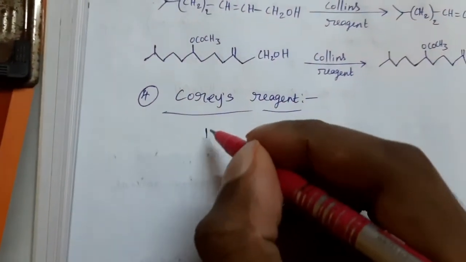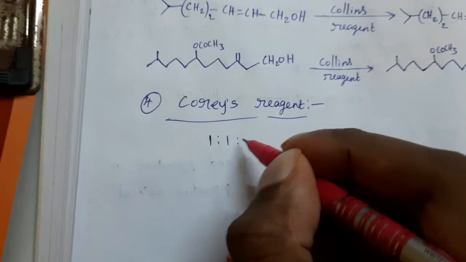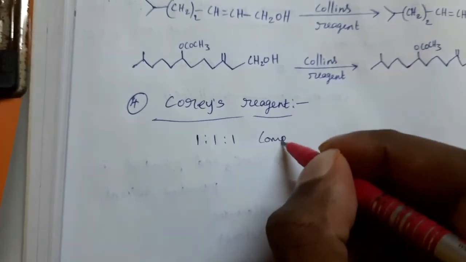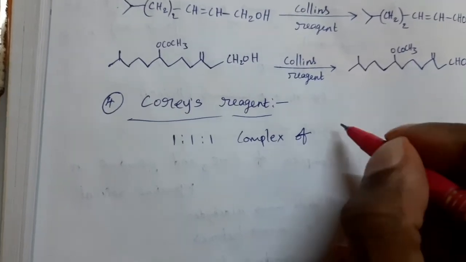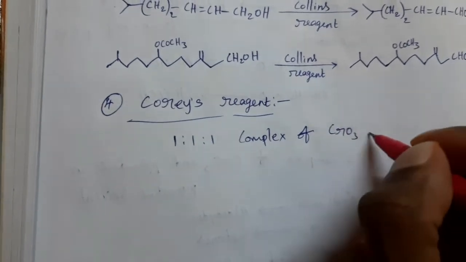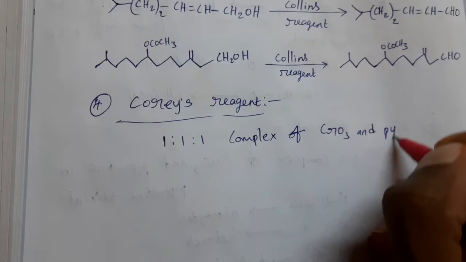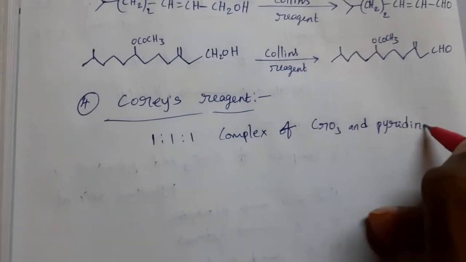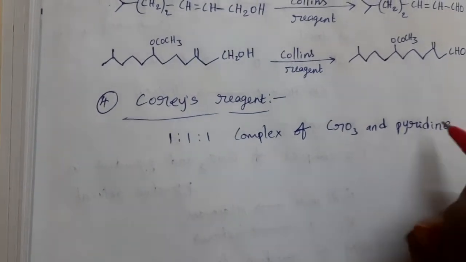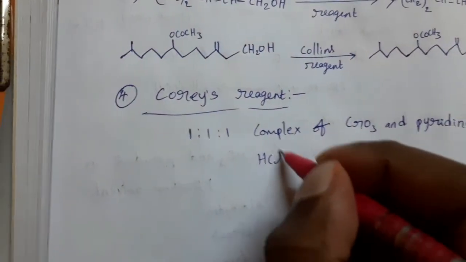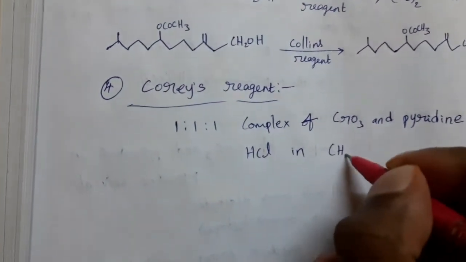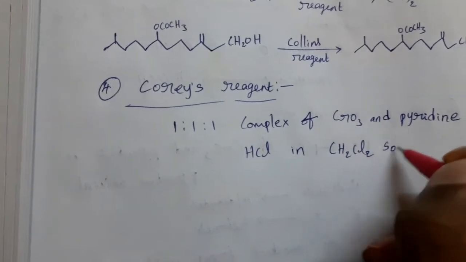See this: 1:1:1 complex of CrO3 and pyridine and HCl in CH2Cl2 solvent.